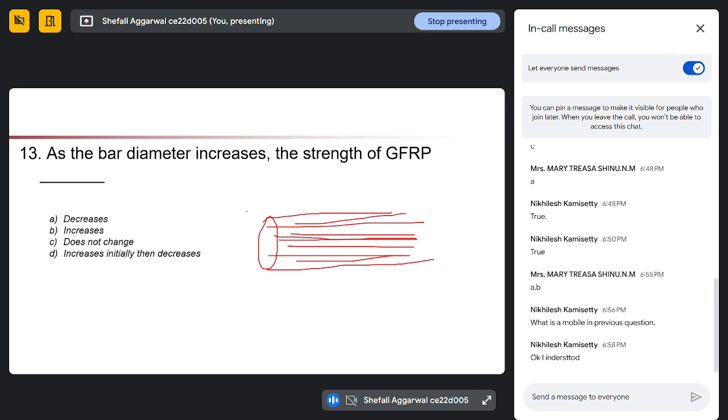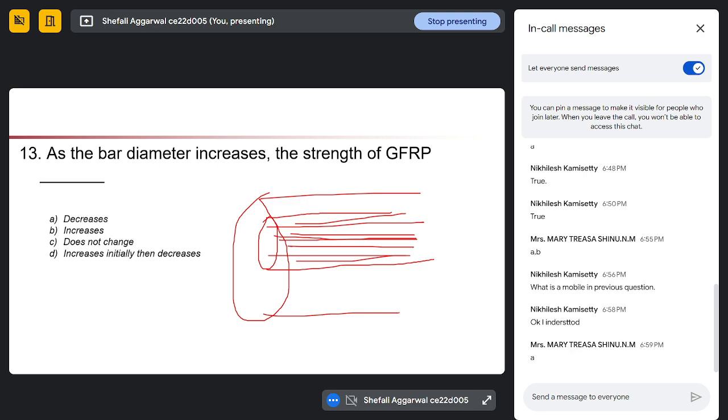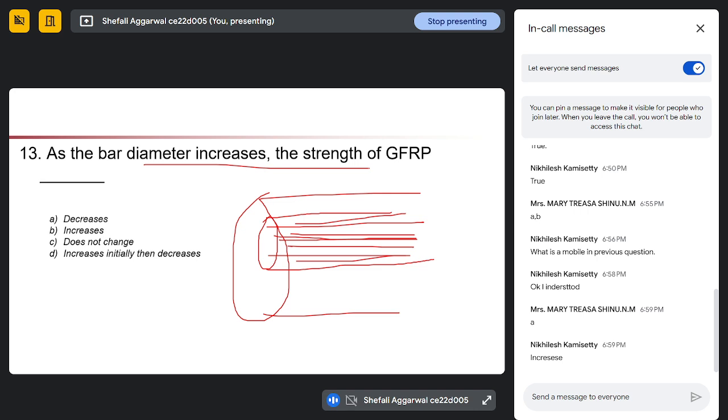If we are increasing the bar diameter, what is happening? The strength will increase or decrease?